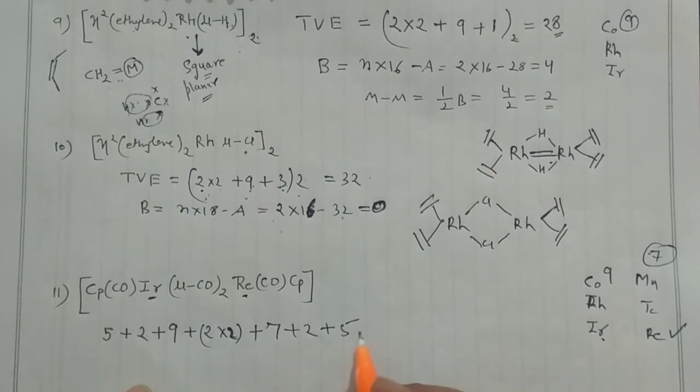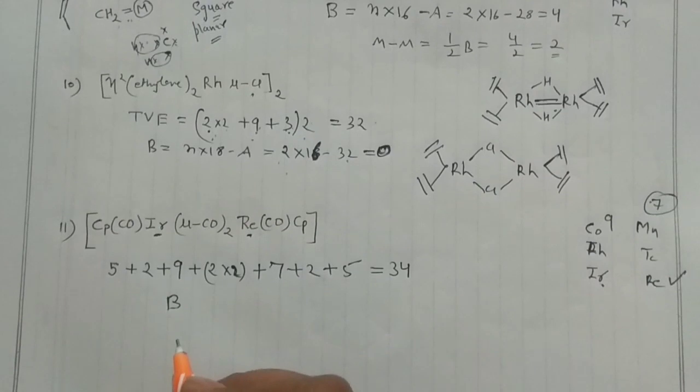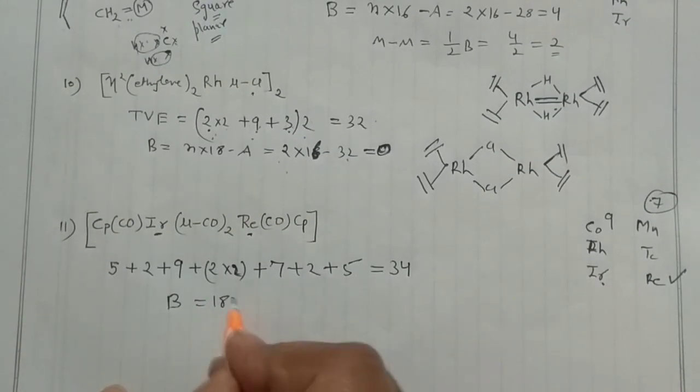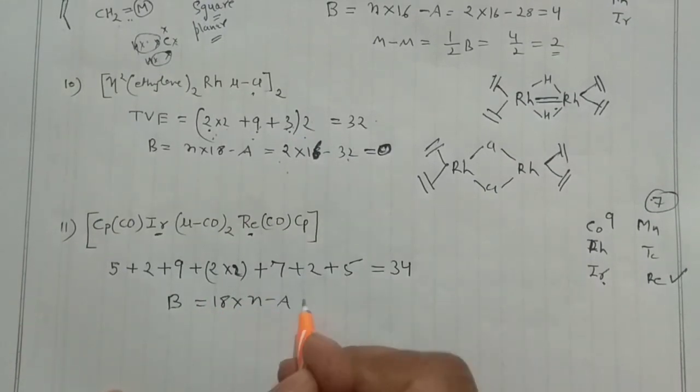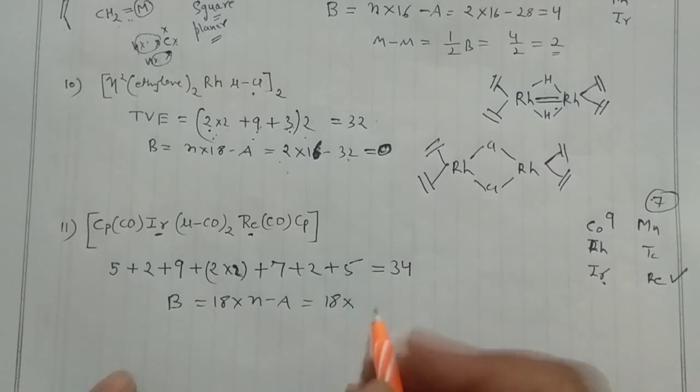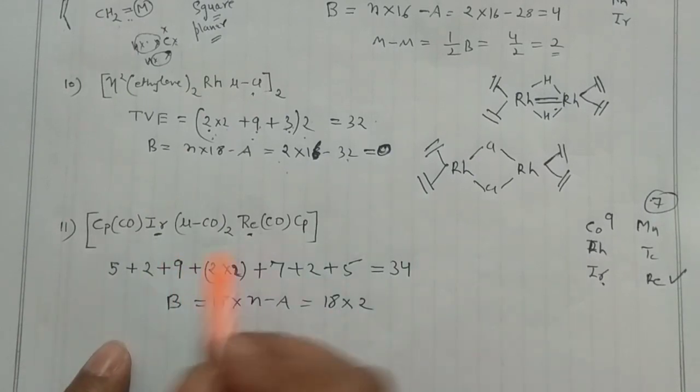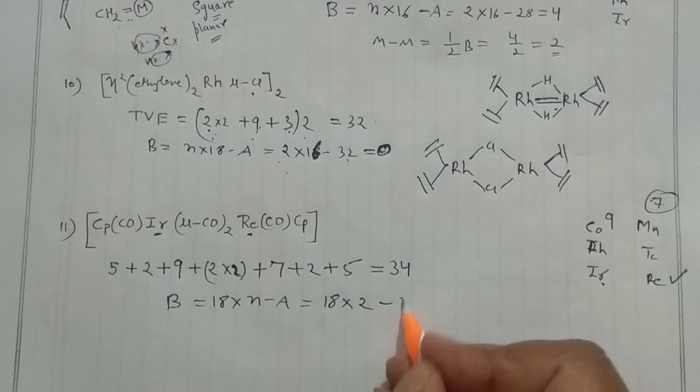Okay, this is how you can write. So if you add all of them, this will make 34. Okay, so when it is 34, then you can determine the value of B, and for the value of B, you know, 18 into N minus A, that is 18 into 2 because 2 metals are there, minus 34.